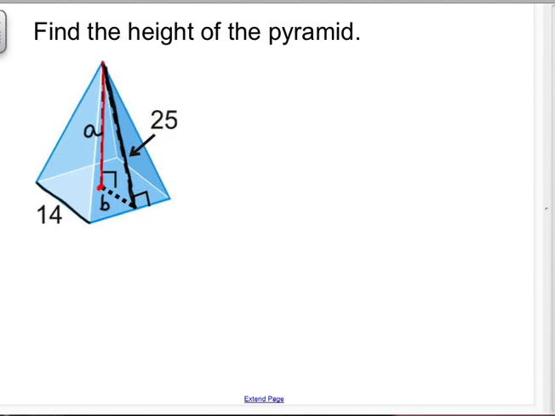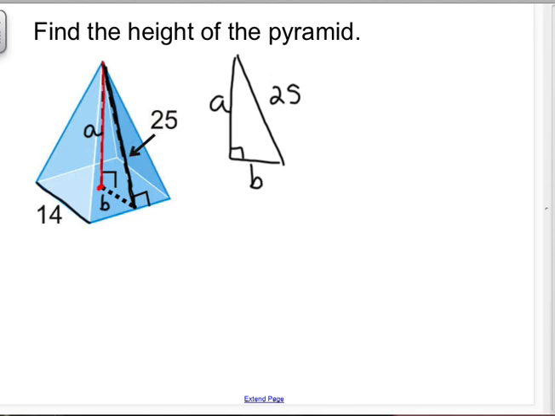All right, so I'm trying to find A, and I kind of know the measurement of B. So if I'm going to redraw this triangle here, just so you can see it maybe outside of the shape. Okay, there's my 25. Here's my A, there's my 90 degrees, and here's my B. Now, B is not 14.